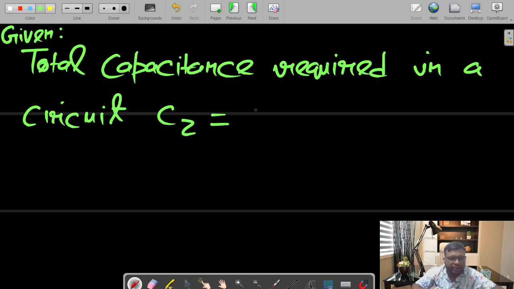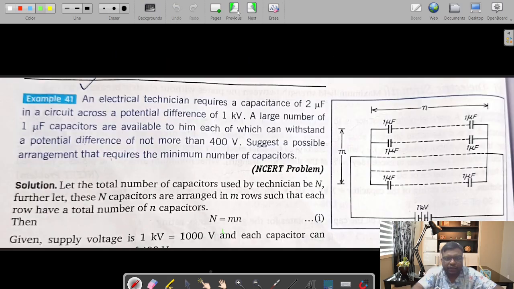It is given in the problem, and it should be 2 microfarad. Now, in a circuit across a potential difference of 1 kilovolt.